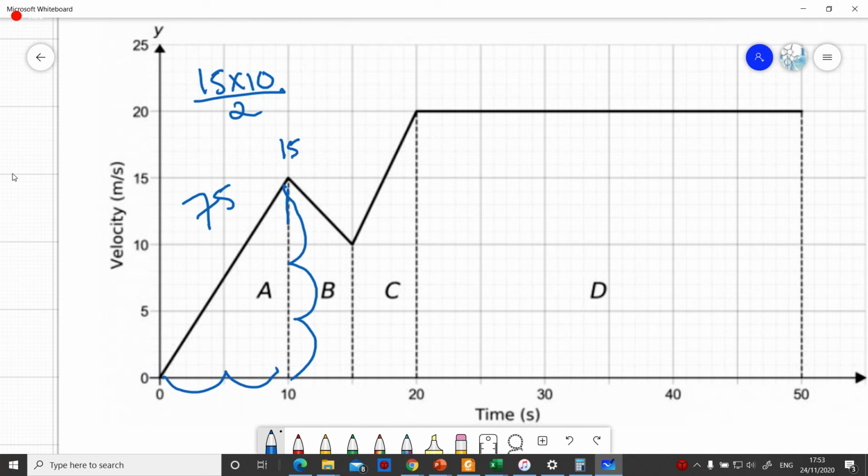We know it's a trapezium, so you take the height of this one and the shorter side. So 15 plus 10 divided by 2 times the height 5. 15 plus 10 is going to be 25. 25 divided by 2 is 12.5, and 12.5 times 5 is going to be 62.5.